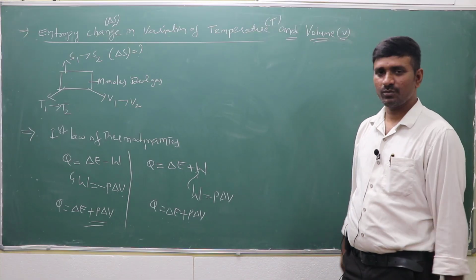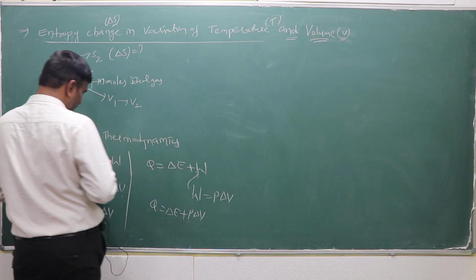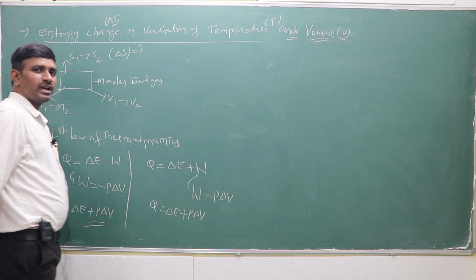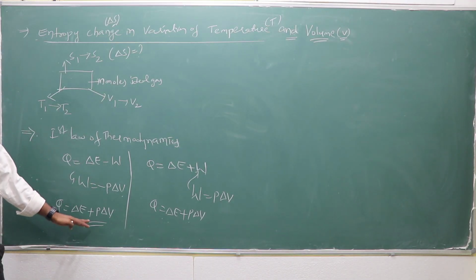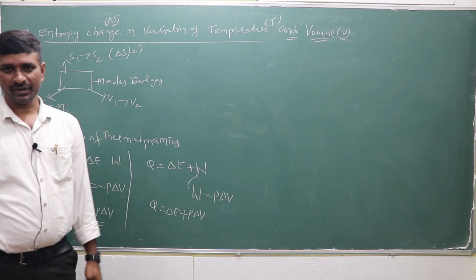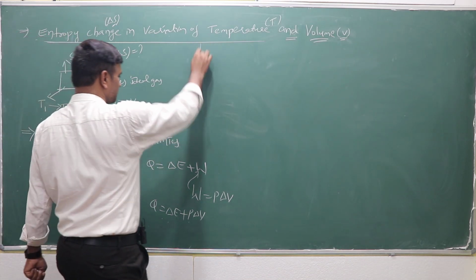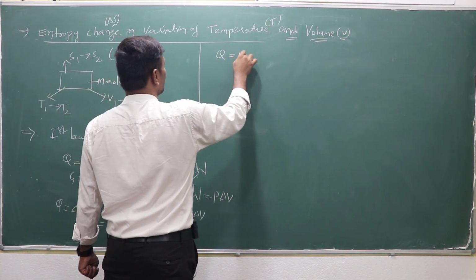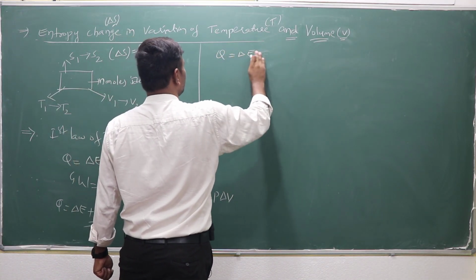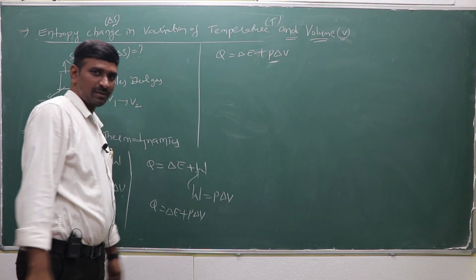Two kinds of process will be there. So for any one process you can take the first law of thermodynamics, either this one or this one. We can generalize the form and consider Q is equal to delta E plus P delta V.